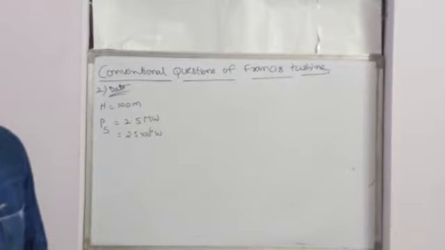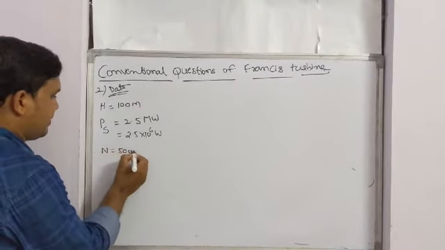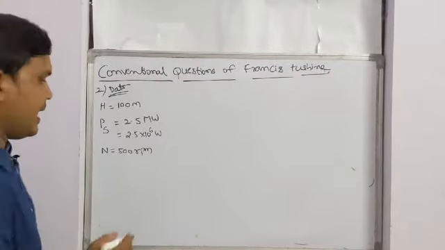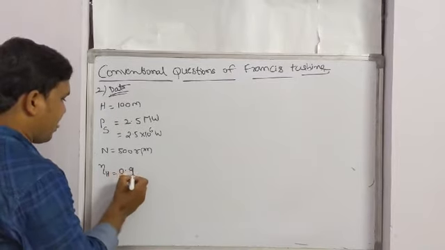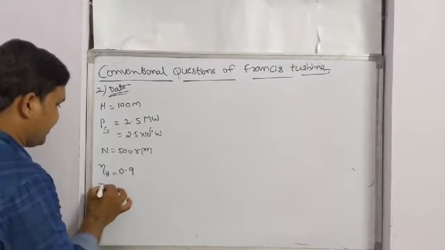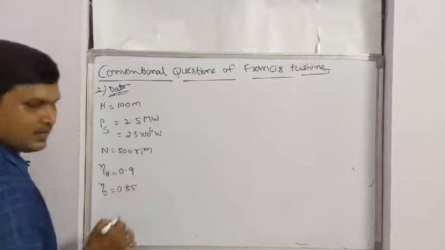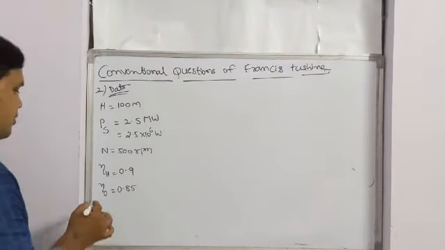And speed is 500 rpm. The shaft rotates at 500 revolutions per minute, and the hydraulic efficiency is 0.9 and overall efficiency 0.85. Flow ratio is 0.15.